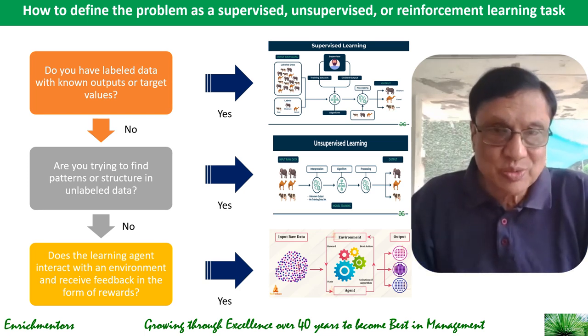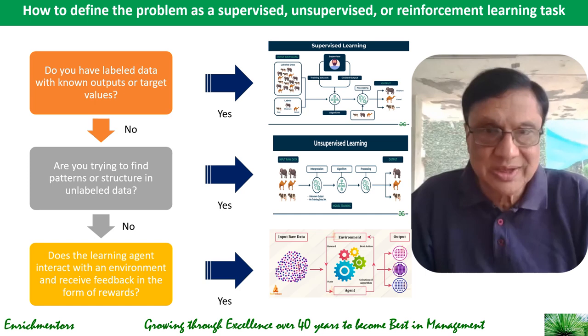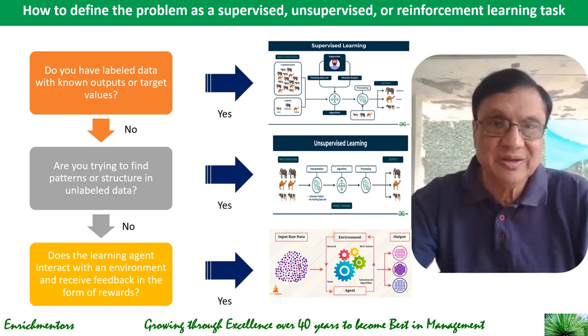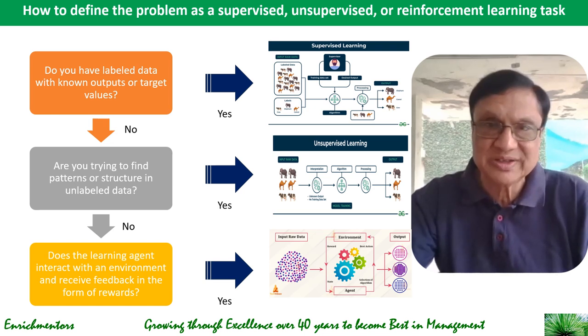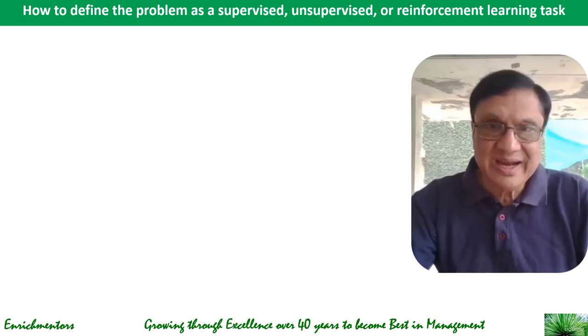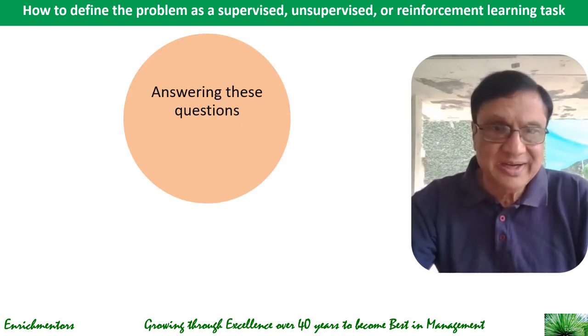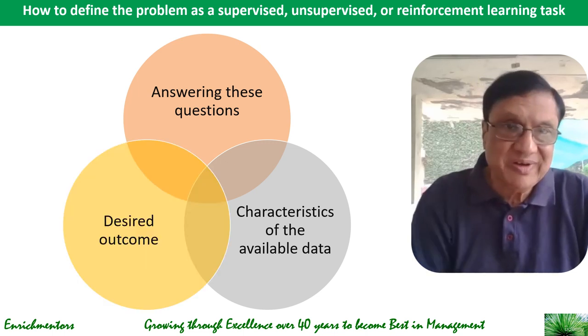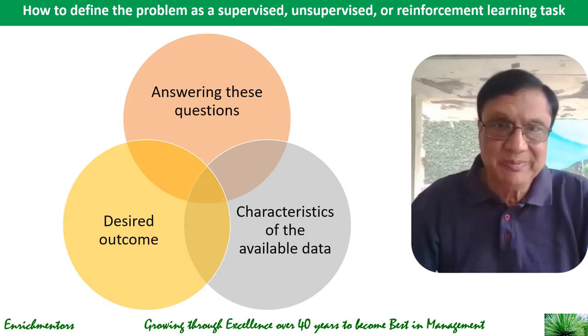So asking these questions in this order and sequence and eliminating or confirming the task is the way to go ahead and define the problem as a supervised, unsupervised or reinforcement learning task. By answering these questions and understanding the characteristics of available data and desired outcomes, you can effectively define the problem as an appropriate type of learning task.